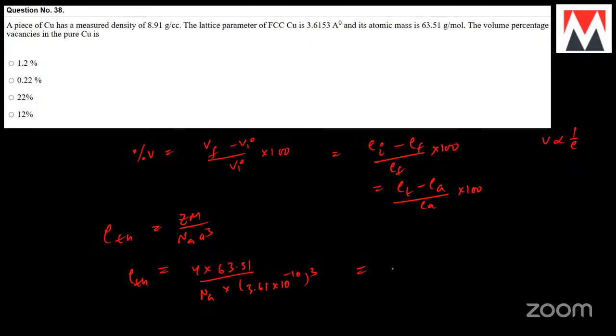So it is 8.93. So the percentage of vacancy is 8.93 minus 8.91 by 8.91 into 100. So it comes to 0.22 percent. Your answer is 0.22. Please do the next question.